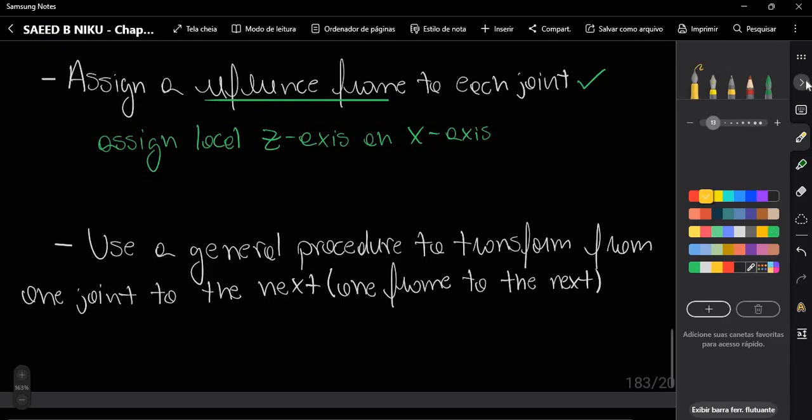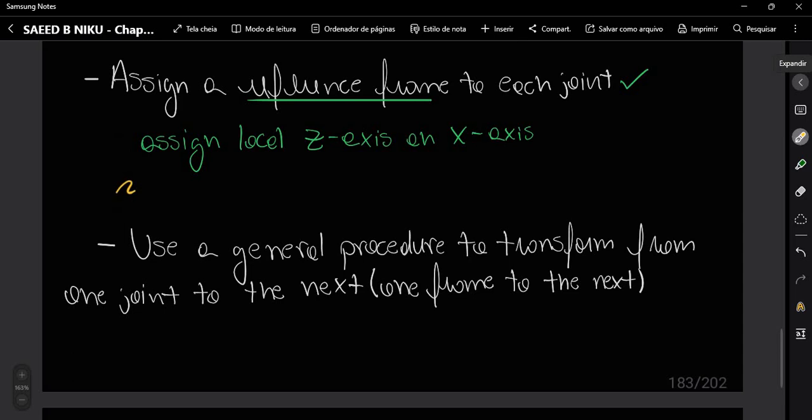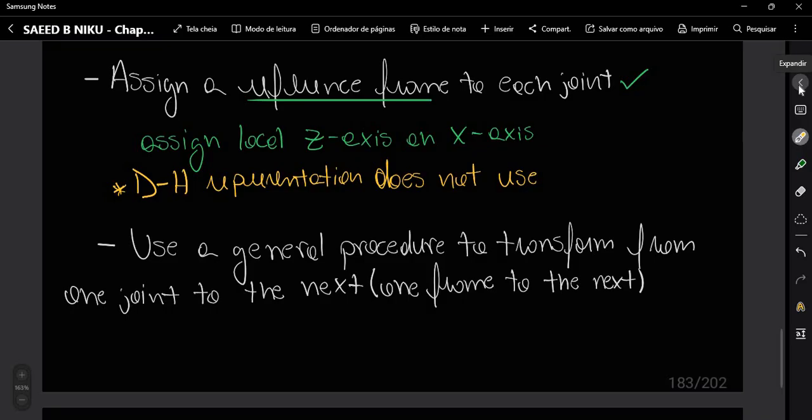And what is important to make clear is that DH representation does not use the y-axis.